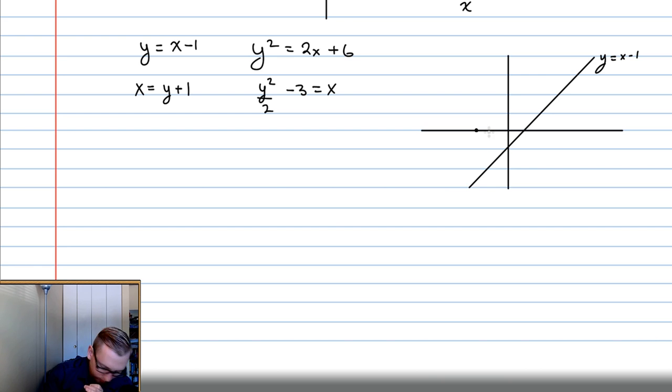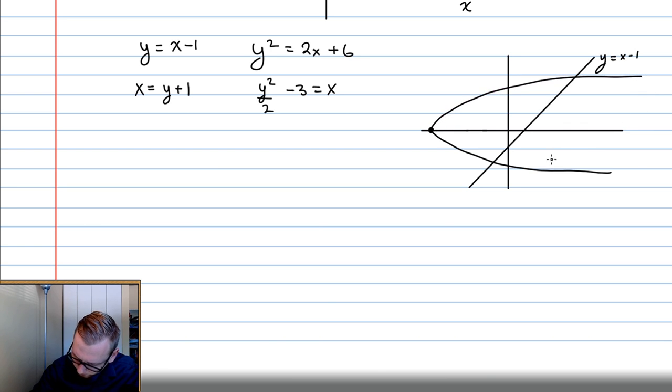I did not draw that dot good enough. Should draw it over here. Yeah, that would look a little better. Then we should have a parabola of this nature. Okay. Parabola like this. Where do they intersect? Well, we've got x equals y plus 1.